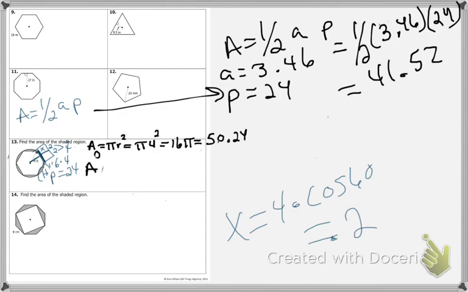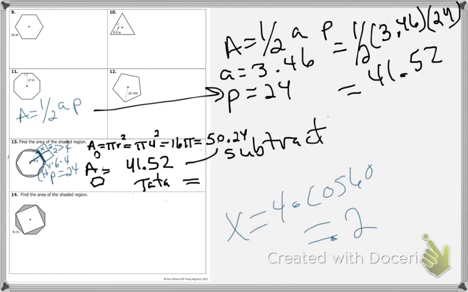The area of a hexagon is equal to 41.52. These two subtract, and you should get a total of 8.75 feet squared.